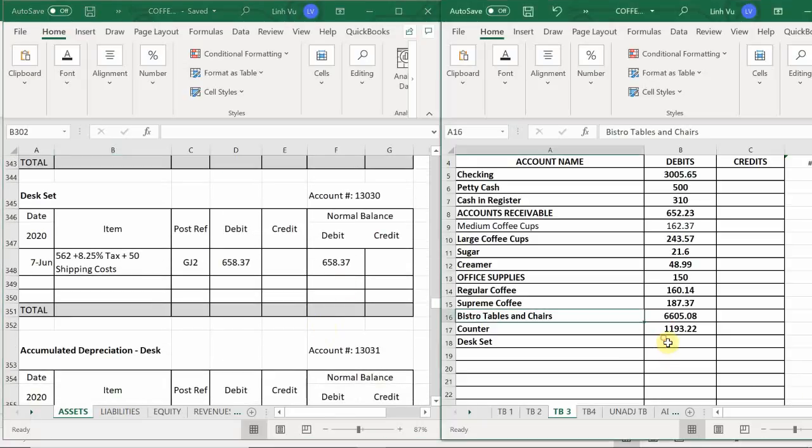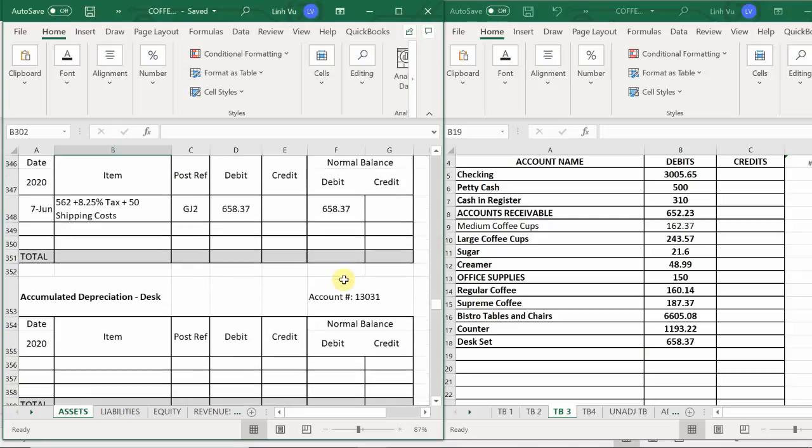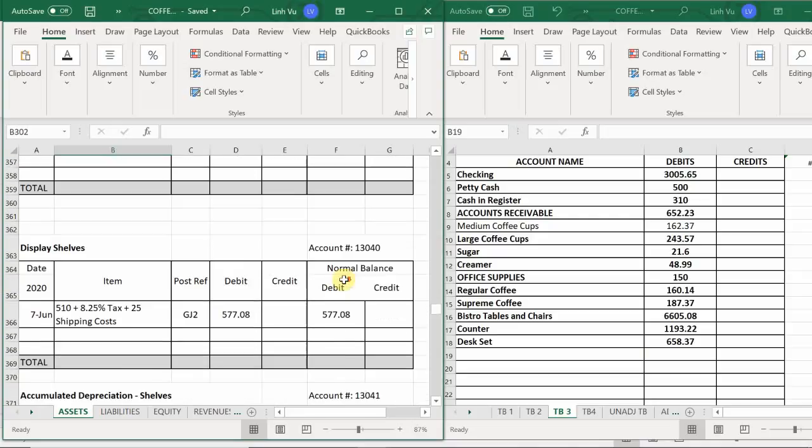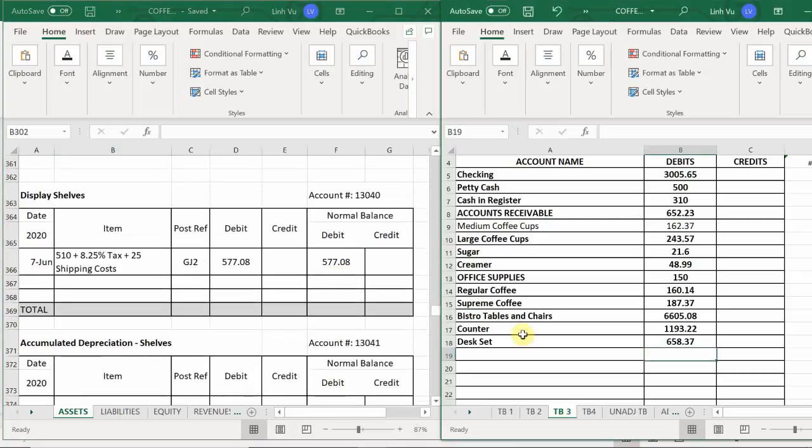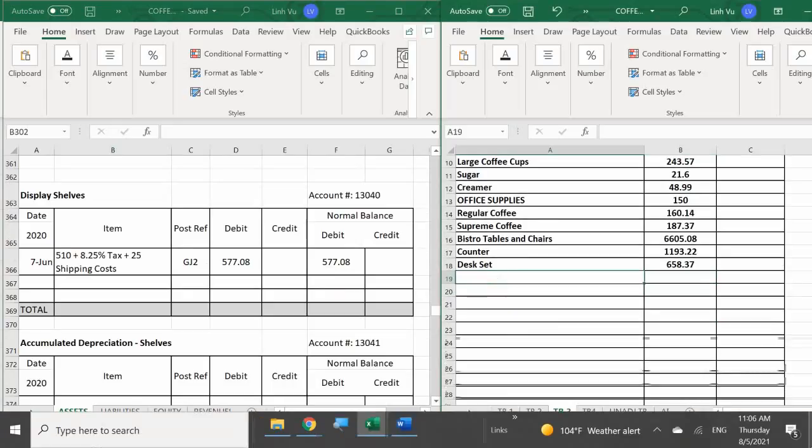How much was the desk set for? $658.37. And then we have display shelves. $577.08. Good.